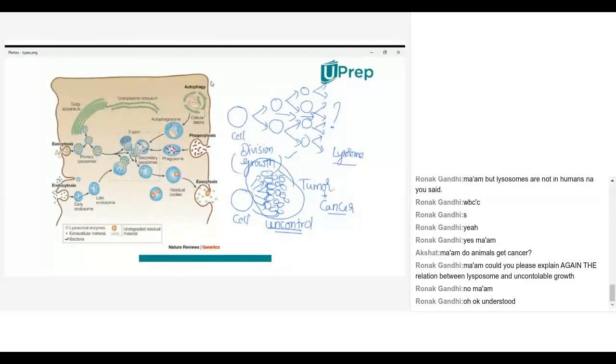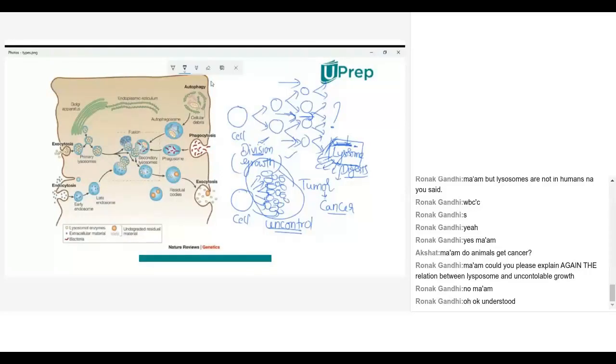Now when you take the lysosome, what will it do? The lysosome will take the waste material or outside material or inside material and digest it. Because of the digestion of the waste material and all, there will be a proper growth, a proper check on the division of the cell. Suppose the lysosomes got disrupted and the enzymes came out, the hydrolytic enzymes.